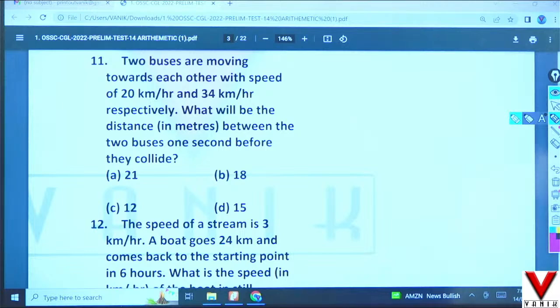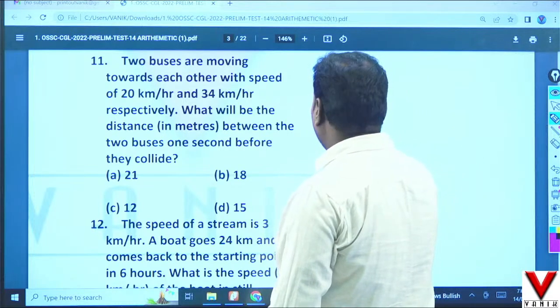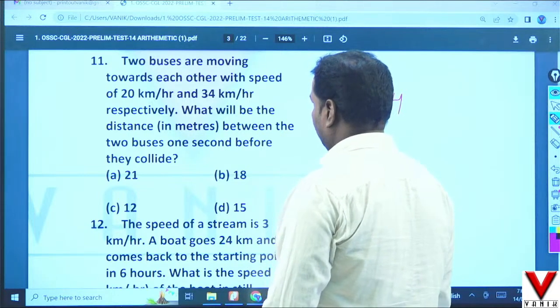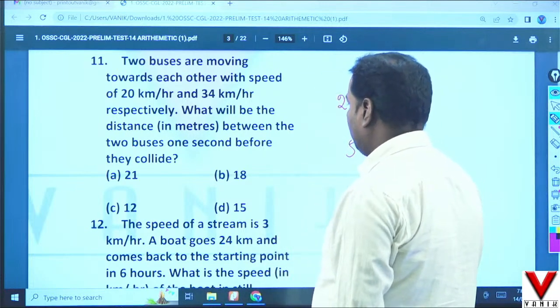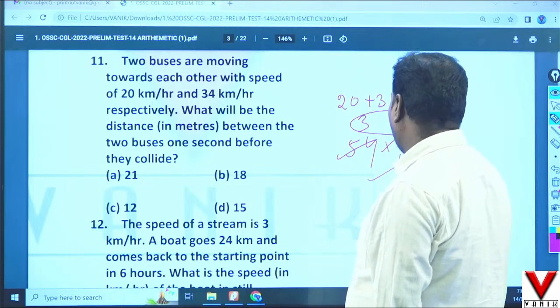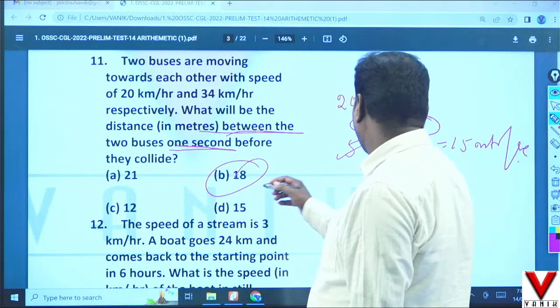So here, the relative speed of the two buses is 20 plus 34, 54. 54 into 5 by 18, 18 divided by 3 and 54 divided by 3, so 15 meter per second.